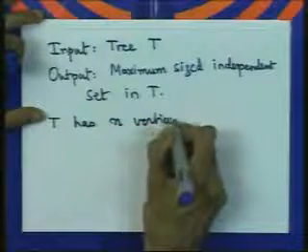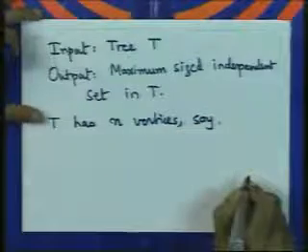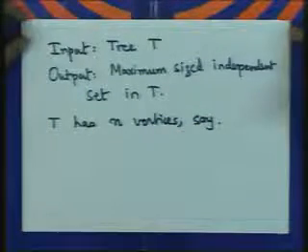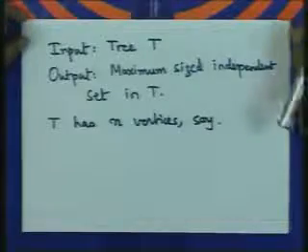The brute force way, which would come to one's mind, is to look at all possible subsets of the vertex set, see if they are independent, and choose the one which has maximum size. Now this is just too expensive. The time taken is at least the number of subsets, which is 2 to the n. That's too expensive. We want to do it much faster.